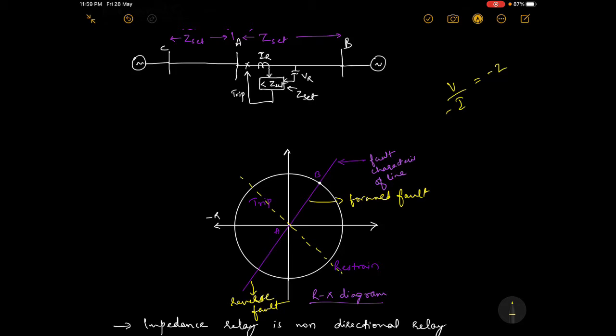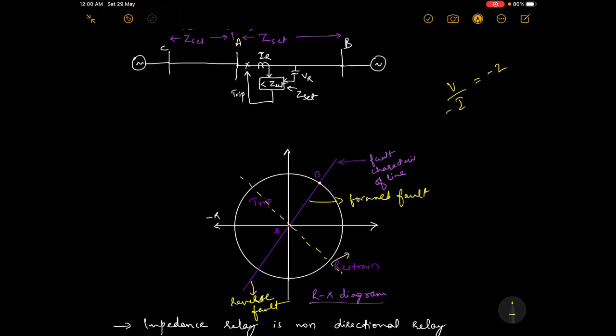If you want a directional element, we have something called a directional relay. So that element we can add. You know that in the first chapter we have seen its characteristics. It is something like this, directional relay. If we add that element in this relay, then we can make it operate only for positive torques.